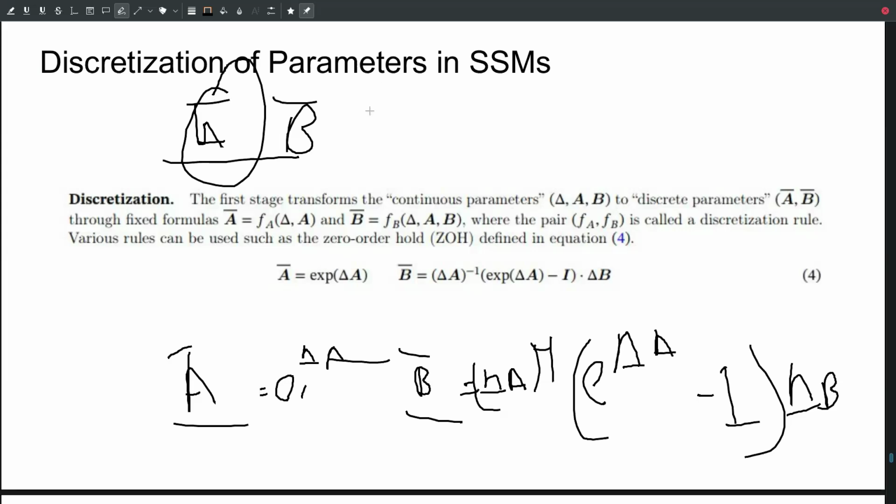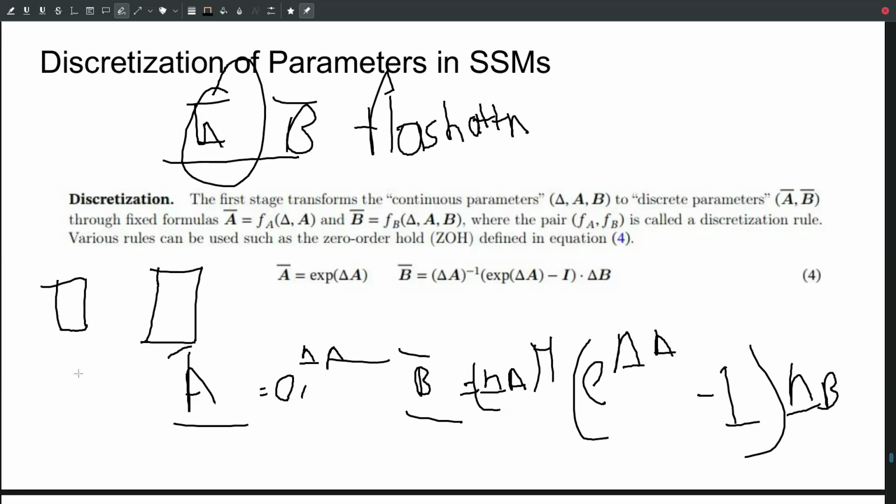Before spilling into the hype, let me say flash attention. Back to some computer architecture class. Let me say I have a CPU here, a RAM here, and a cache here.